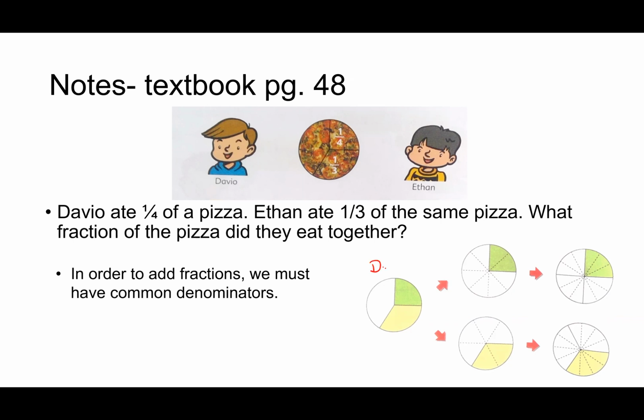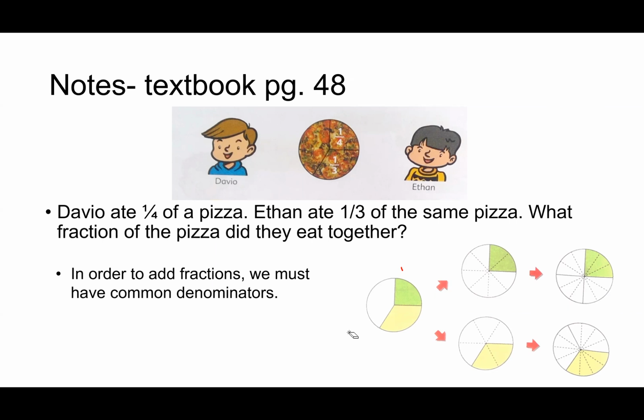All right, here's Davio's. And where's Ethan's? Here's Ethan's. Oh, Ethan's isn't listed there. That's okay. If we're going to add fractions, we need to have, what do we need to have? Rajveer, go ahead and write that down. Good job.